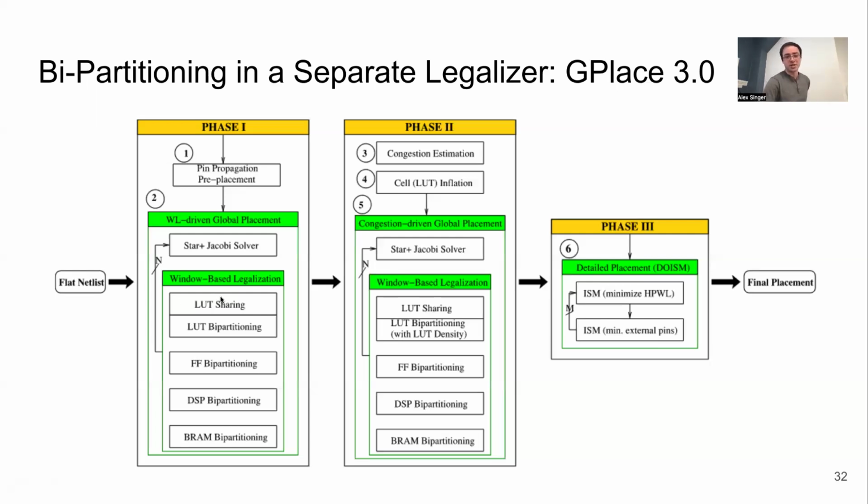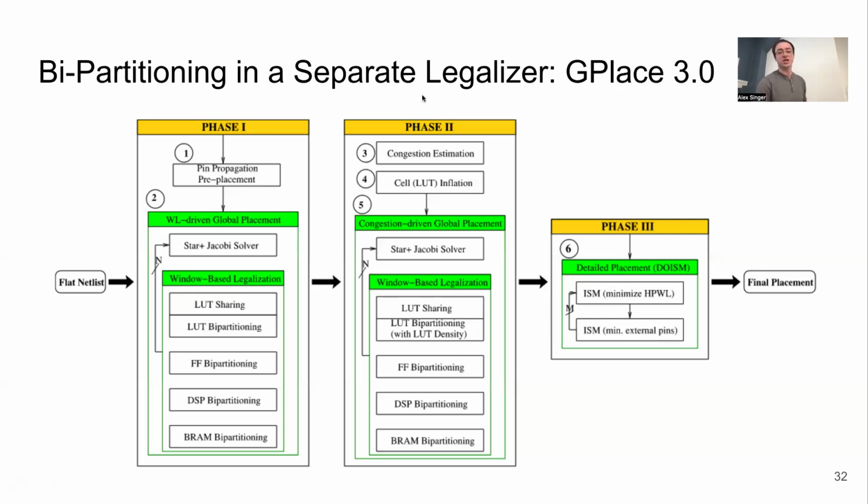Notice that this is split into two phases. Phase one, no extra information, just standard global placement. In stage two, they actually run a full router, basically a VTR style router, for a few iterations to figure out where the congestion is in the circuit.